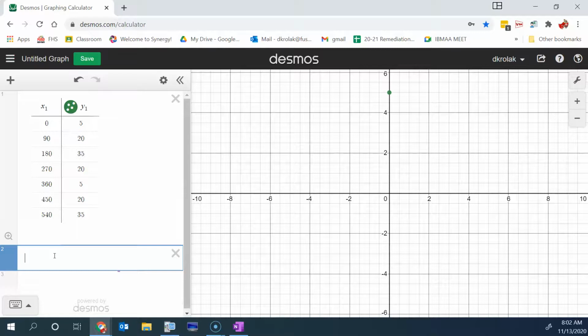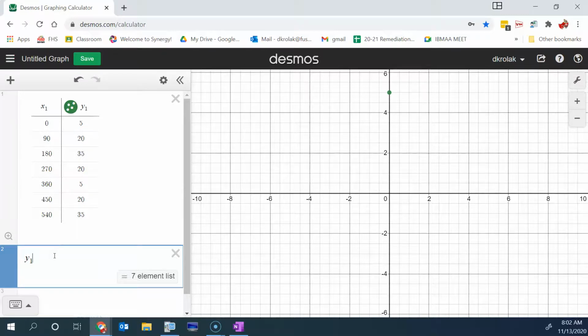All right, and now we type in the regression equation. You guys ready? Okay, y1, and then the tilde sign, which is right up by the 1 key on your keyboard.